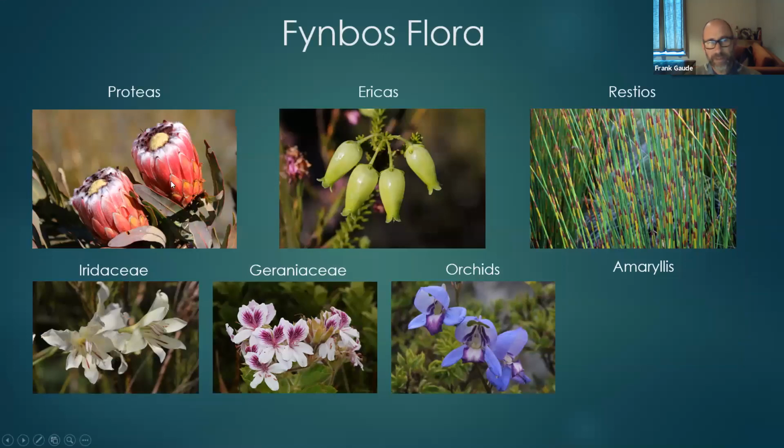As said, the three main groups to identify fynbos are the proteas, the ericas, and the restios. And then the many other groups I'm going to look at, apart from the proteas and the restios and the ericas. I'm not so much looking at the irises, the pelargoniums I would have to, but also not too much.